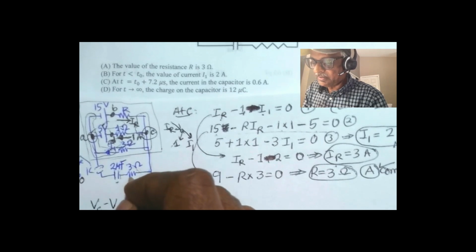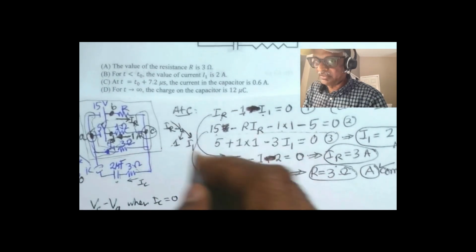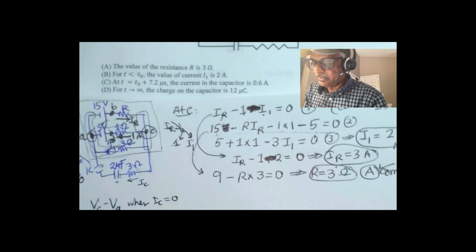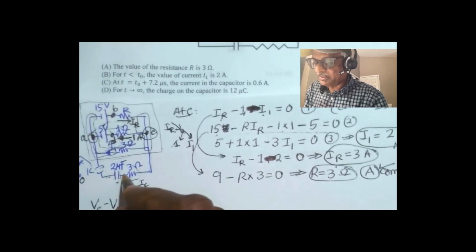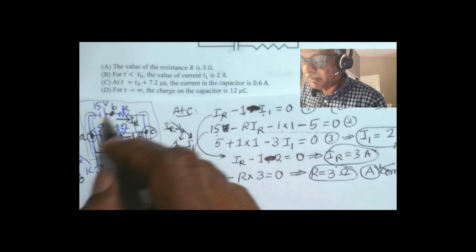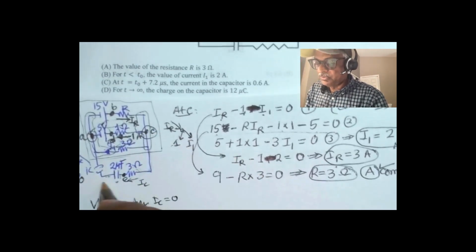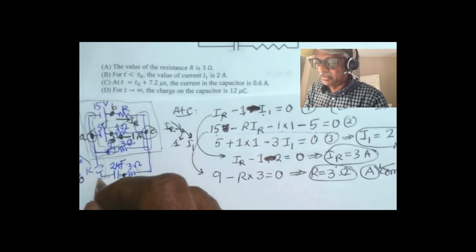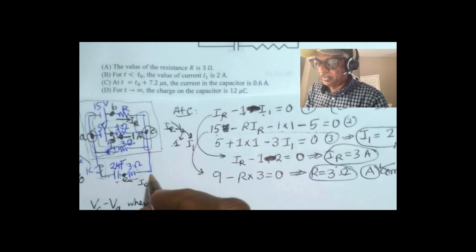when no current, when IC equal to 0, which is the same situation over here, right? Then at that point, all the voltage is dropping across the capacitor. Let's call it A, B, C, D, I'm going to call it E. So between E and A, this is all connected at that point, and no current is going through here.